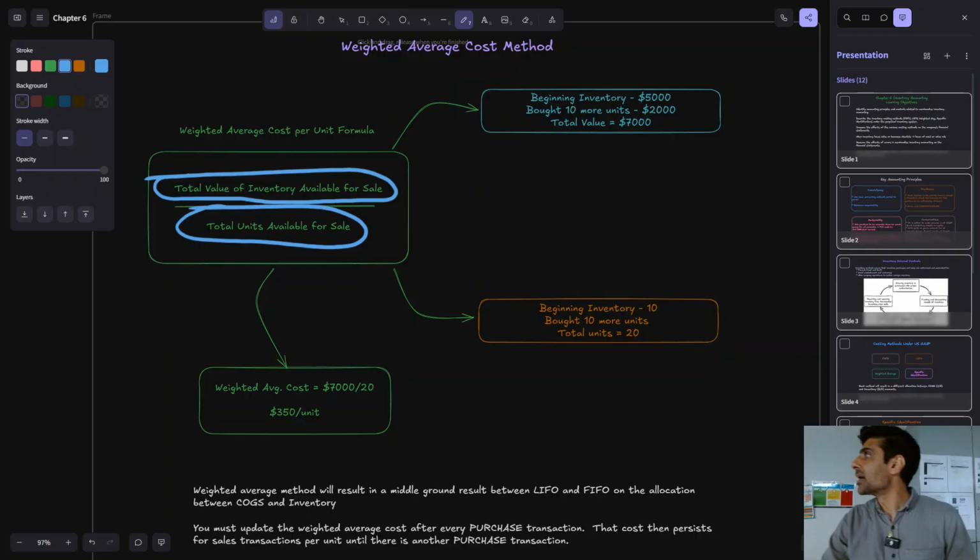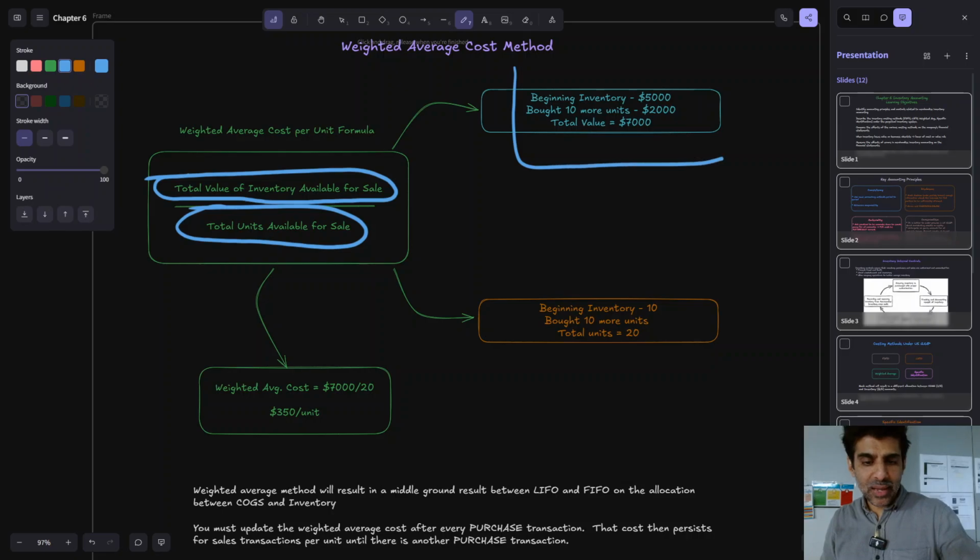And again, this is going to cause the weighting to be towards the cost that has the most units, because that's going to skew the total value of the inventory. It's going to be weighed more heavily for whichever price has more units.